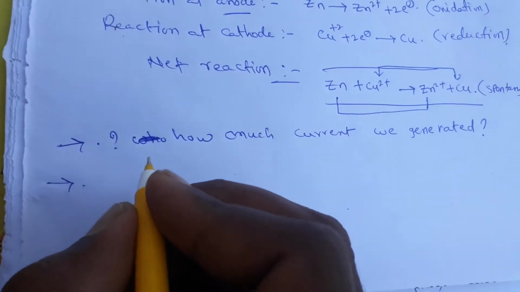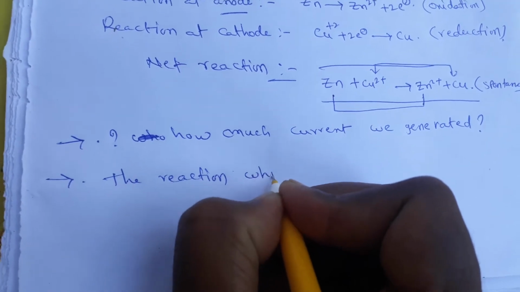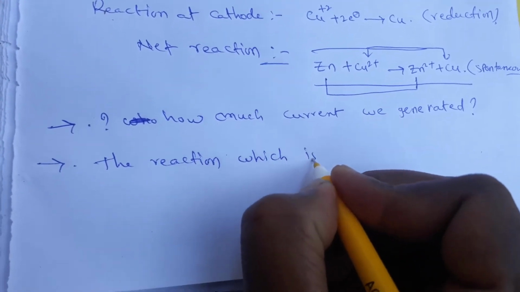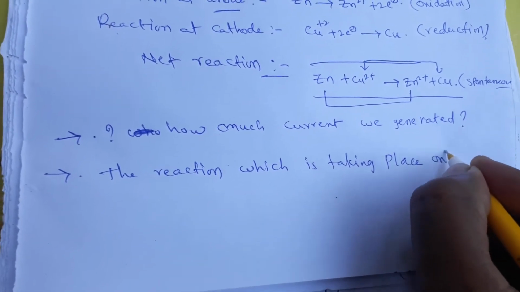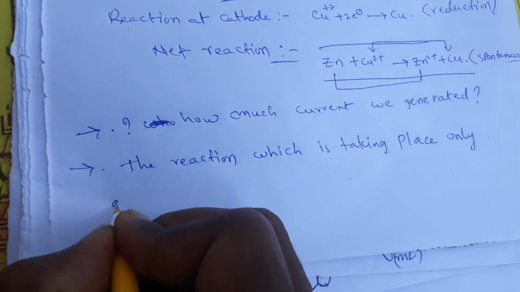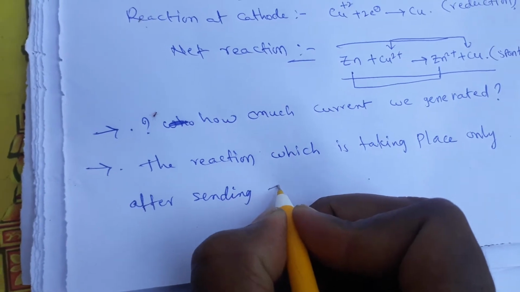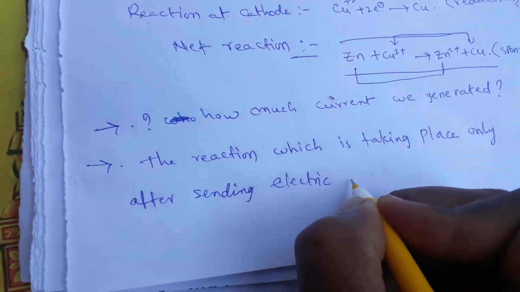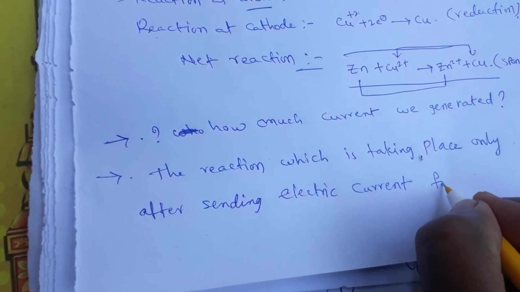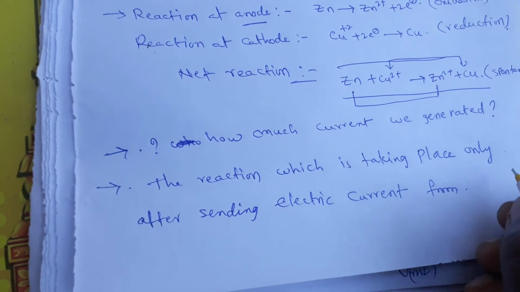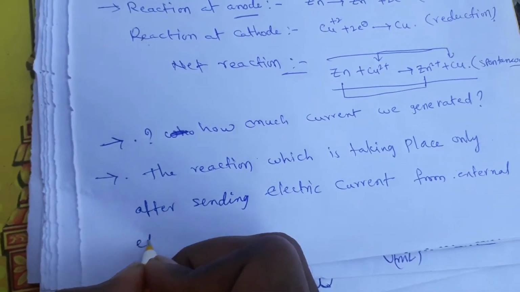Non-spontaneous reactions are those which take place only after sending electric current externally from an external electric source.